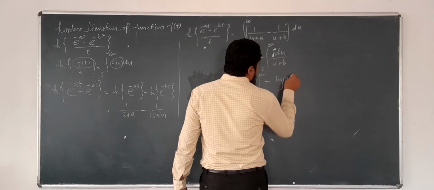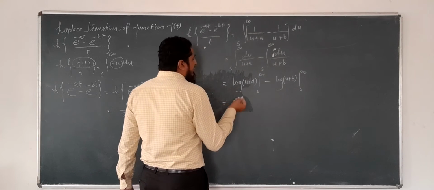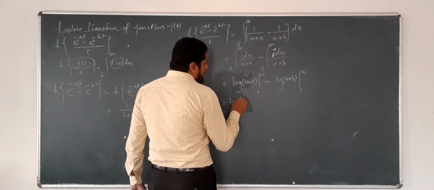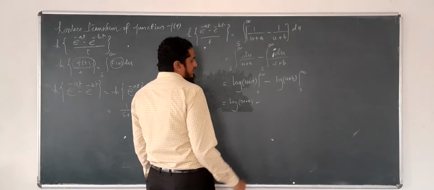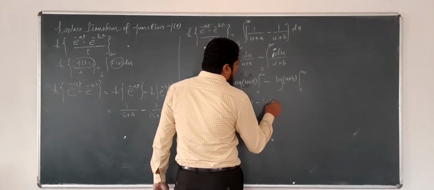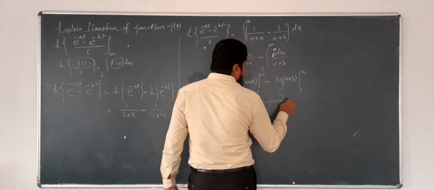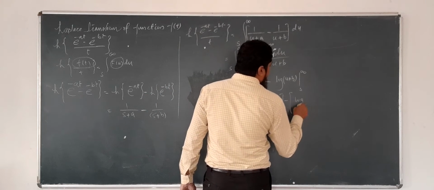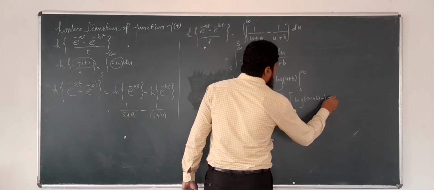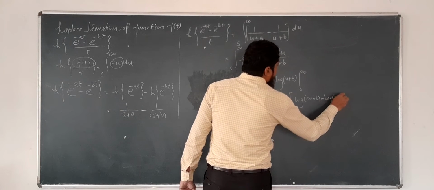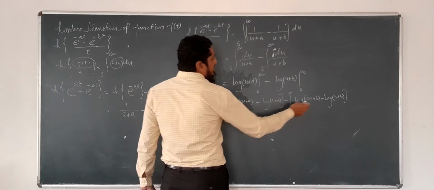Now taking the integration with limits s to infinity, after putting the value infinity, we will get log of infinity plus a minus log of s plus a, minus, as it is, log of infinity plus b minus log of s plus b, and this becomes 0, this becomes 0.